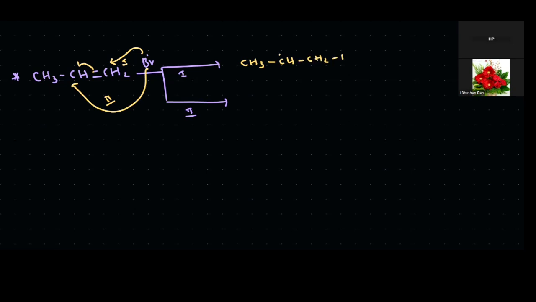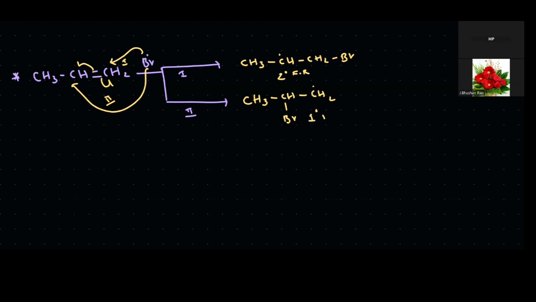In the second path, if the Br free radical attacks here, one electron migrates towards the first carbon, and the second path forms CH3 CH2 free radical. In these two, the above compound is the secondary free radical and the one below is the primary free radical.